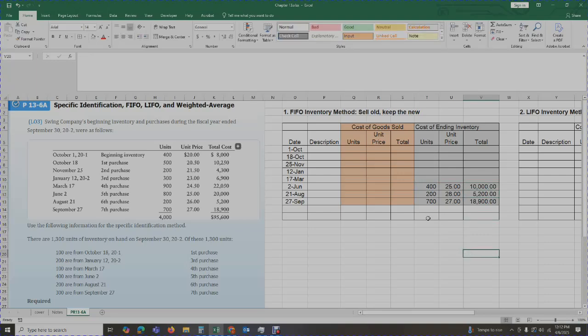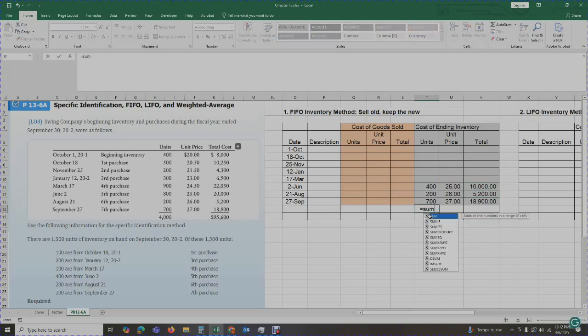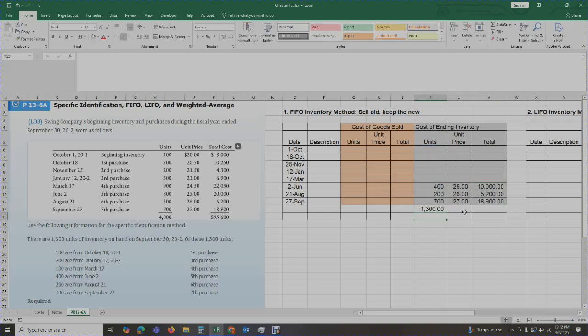Now let's sum this up. This is what we have left over, what we have not sold. The problem says that we should have 1,300 units, which we do, and those 1,300 units are valued at $34,100.